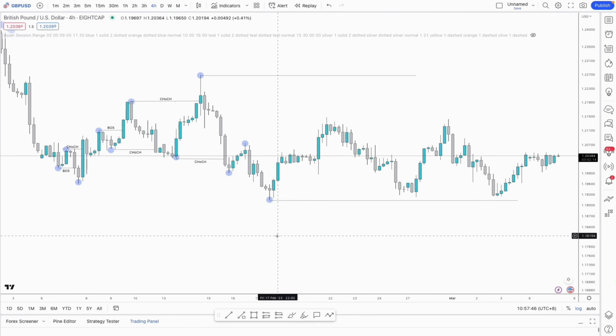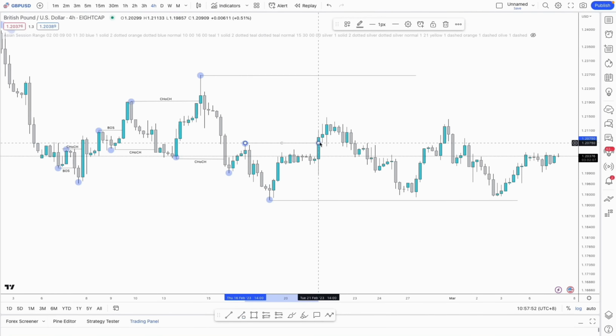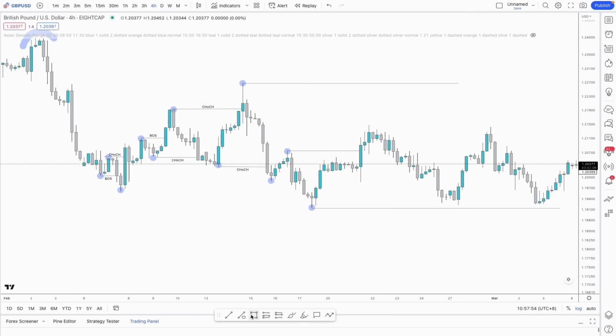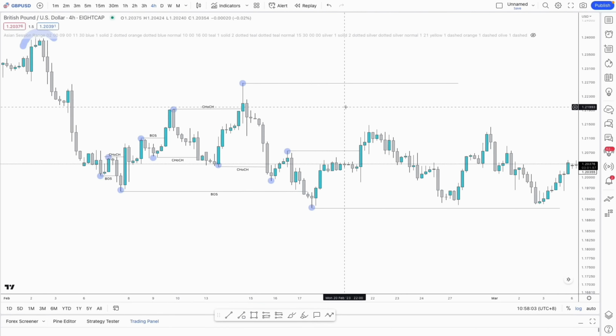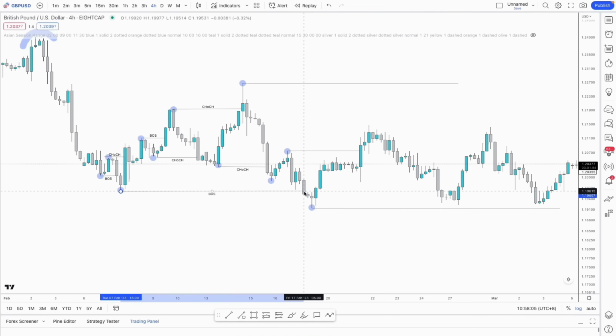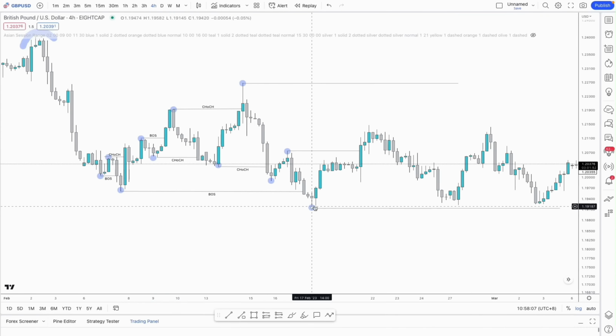After this, we have yet again another change of character to the upside. So we are likely reversing. At this point, by the way, guys, as you can see, the previous external swing low has actually been taken out. So there's our break of structure down. So now the external high is here and the external low is here.